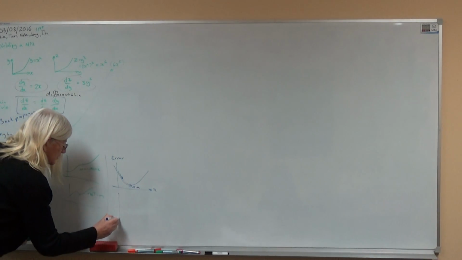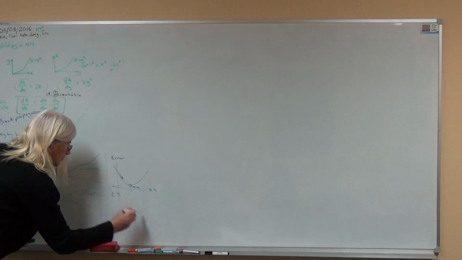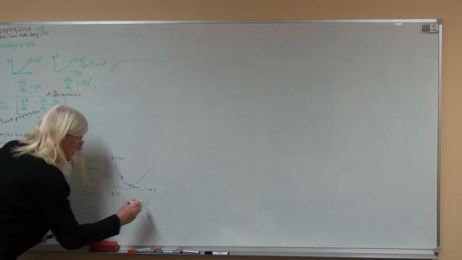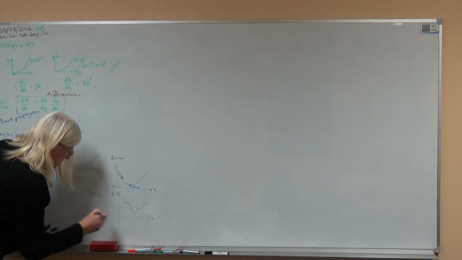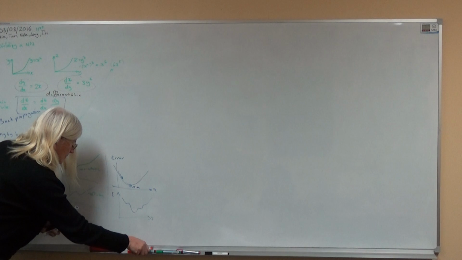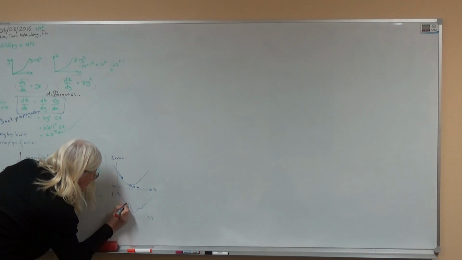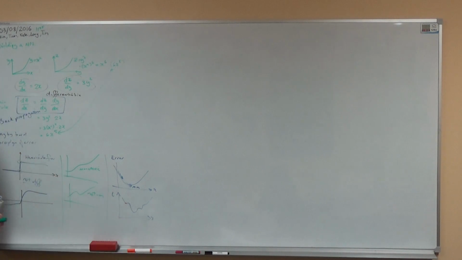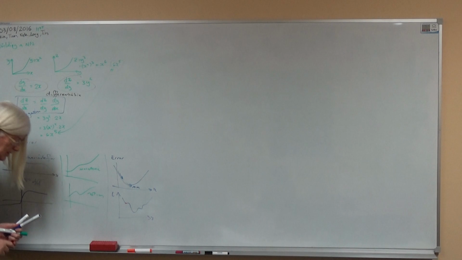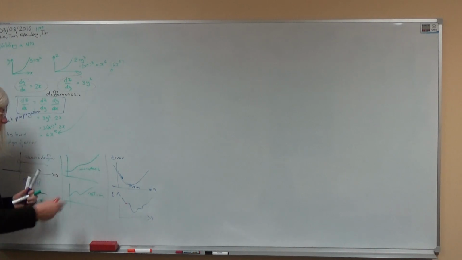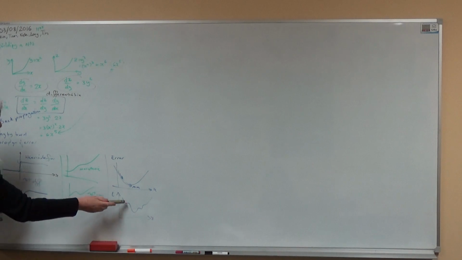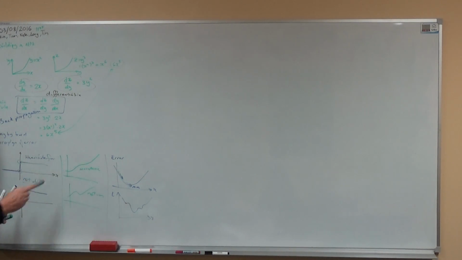But if the error function is like this, we might get stuck here, not realising that if we'd only gone up a little bit earlier, we had a much lower error somewhere else. So it's really important that error functions are smooth, and error functions which are like this come from monotonic activation functions.